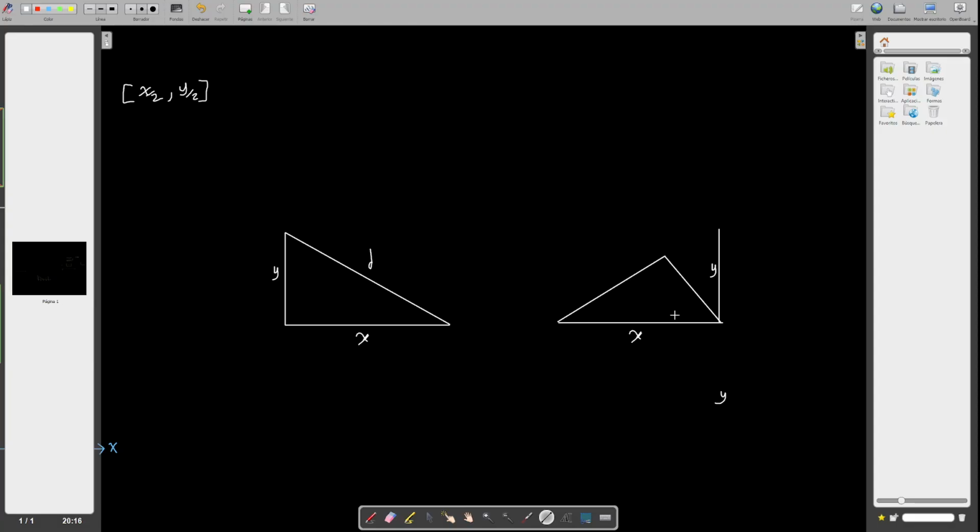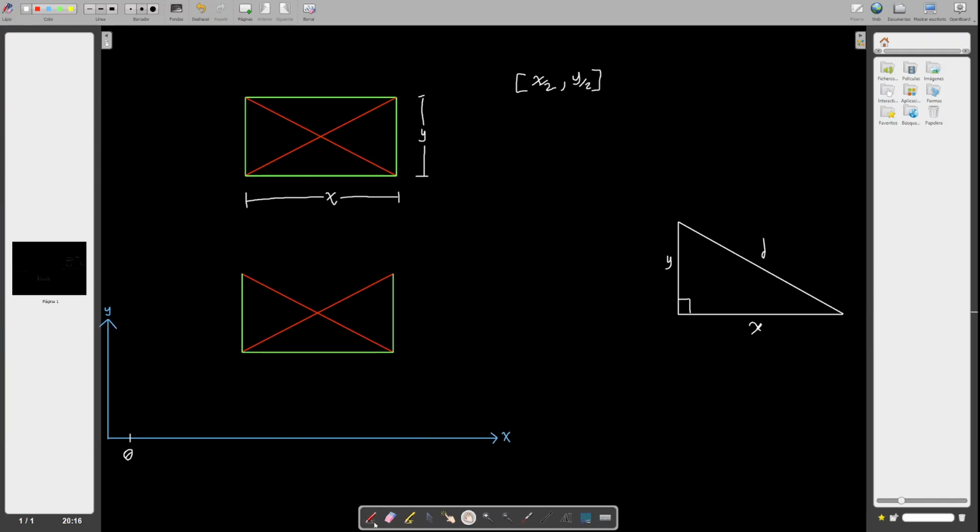So there's another factor that leads us to conclude these two triangles are the same: the angle between these two sides. It's the same angle, and that makes our triangles identical.